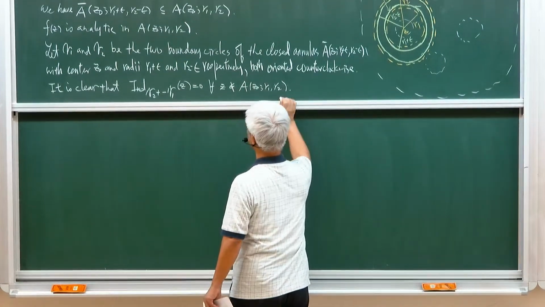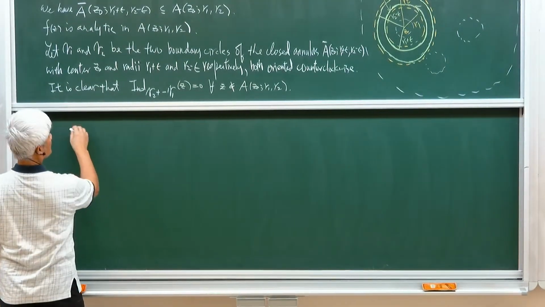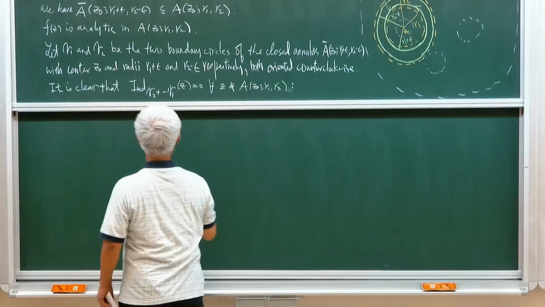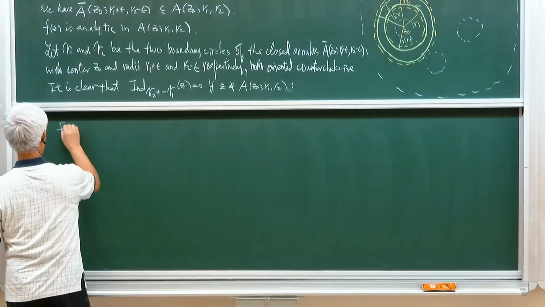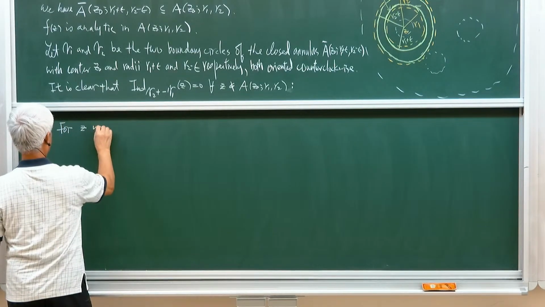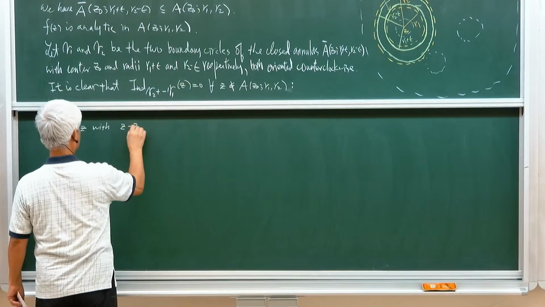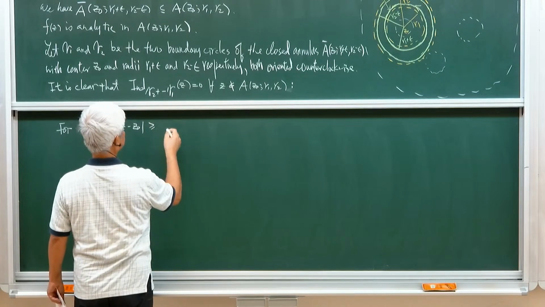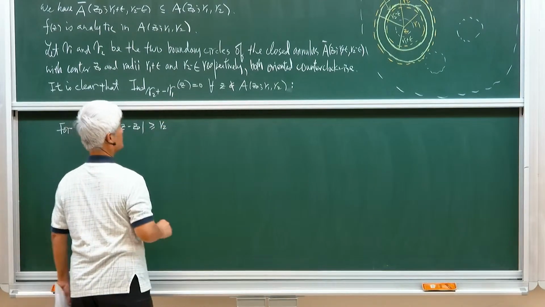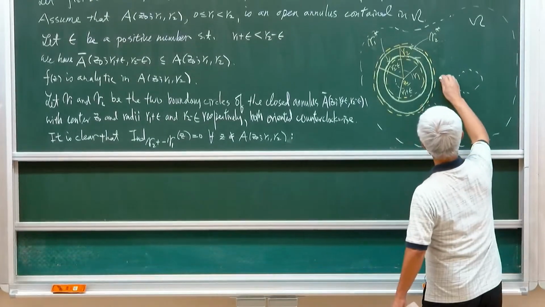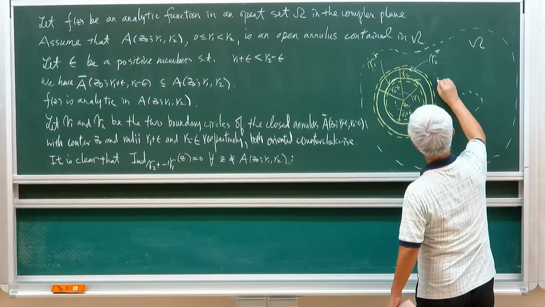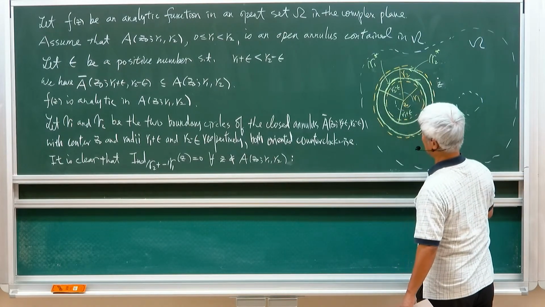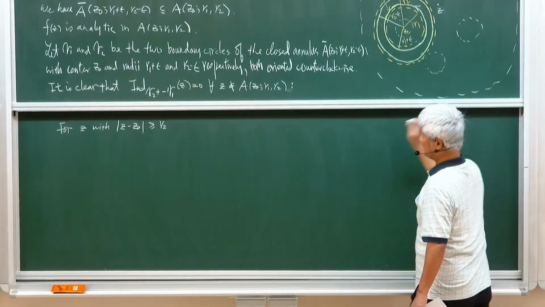let's see the reason. For z with distance from z0, that is |z minus z0|, greater than or equal to R2, z is in here. So the distance between z and the center z0 is greater than or equal to R2.